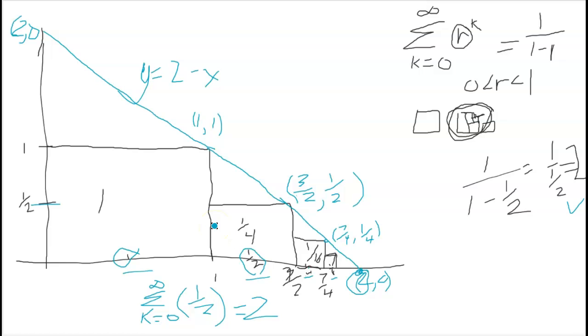And then what about the areas? Temporarily, at least, it feels a little bit odd. How are we going to get the areas here? But with this clever trick, right? There's one part, there's another part, and there's another part.